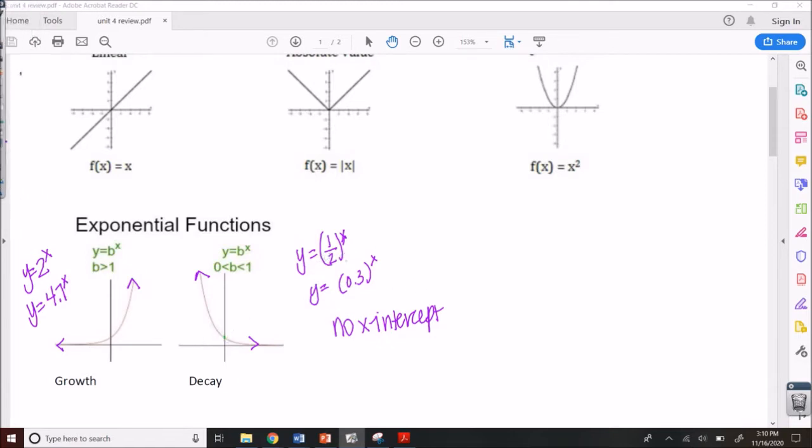So on these parent functions, it should be at 1, but it all depends on if there's a number in front of your b value, if you had an a value. But here we don't on these parent functions. So any number that we take to the 0 power is going to give us 1. So that's our y-intercept, would always be at 0, 1.